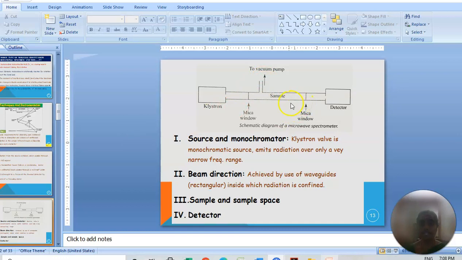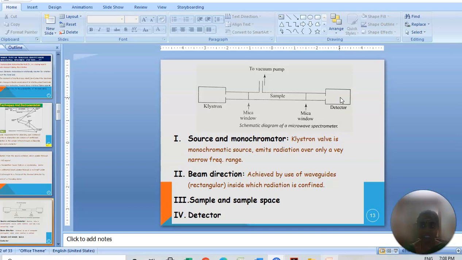Then the light from the microwave region falls on the sample and is detected by a detector. Many types of detectors can be used nowadays; we are using a simple radio receiver as the detector.